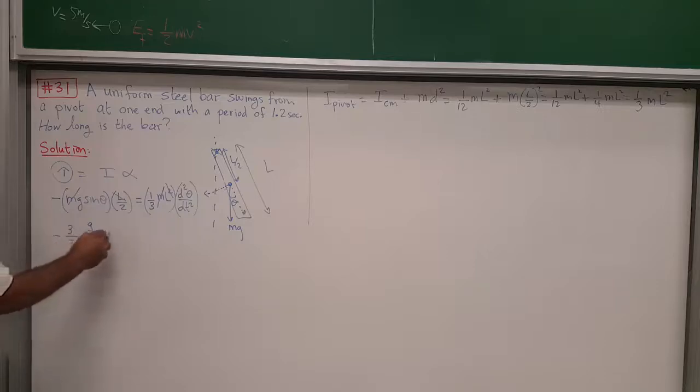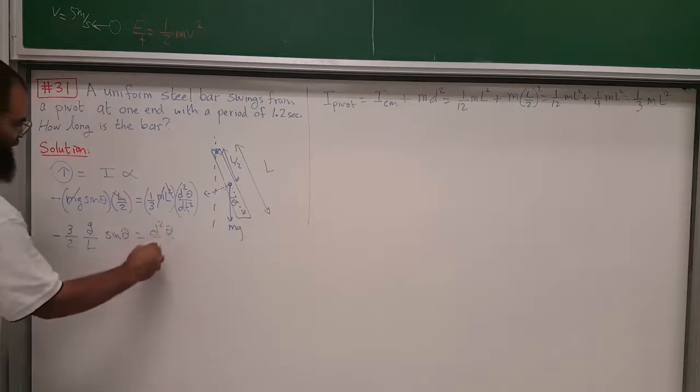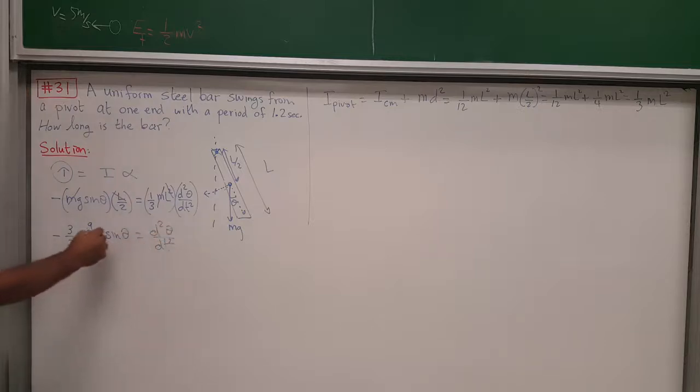And hopefully I don't make any mistake. Sine of theta is equal to the second derivative of theta with respect to t. We used the small angular approximation for theta, so we said sine theta is approximately theta.